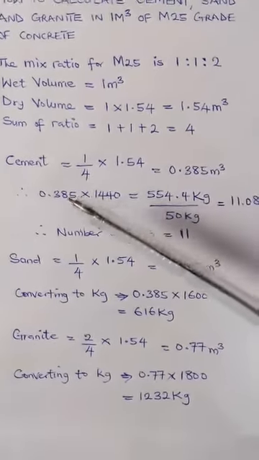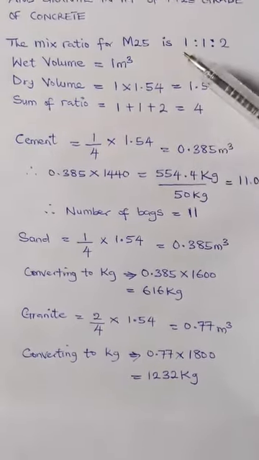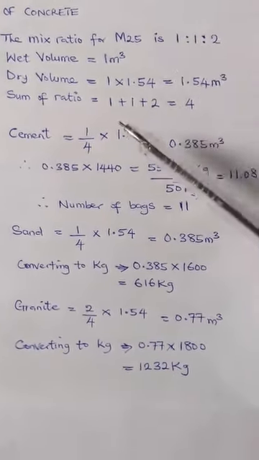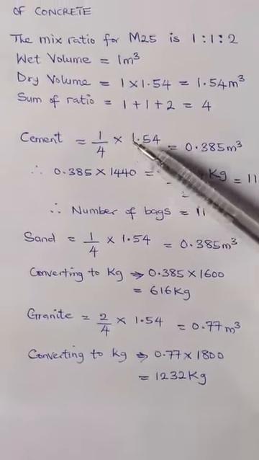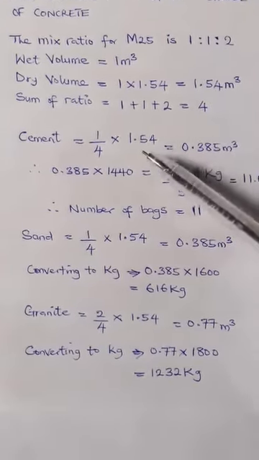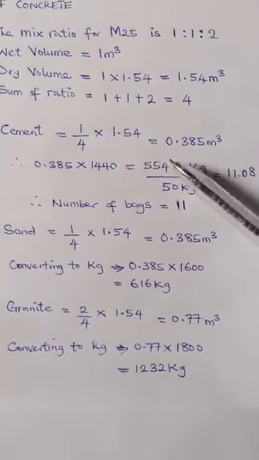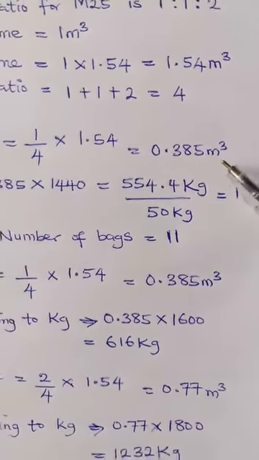Then you calculate for cement. You say 1 divided by the sum of ratio, which is 4, times the dry volume, which is 1.54. It will give you 0.385 cubic meter.